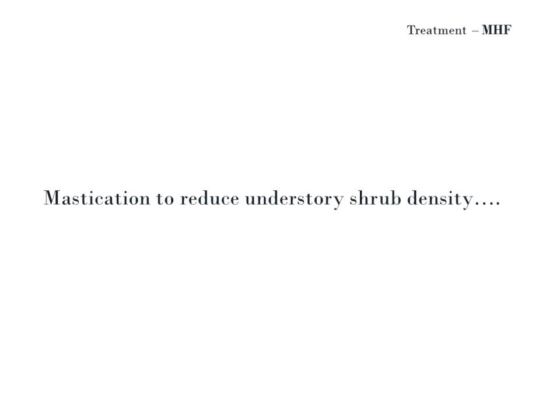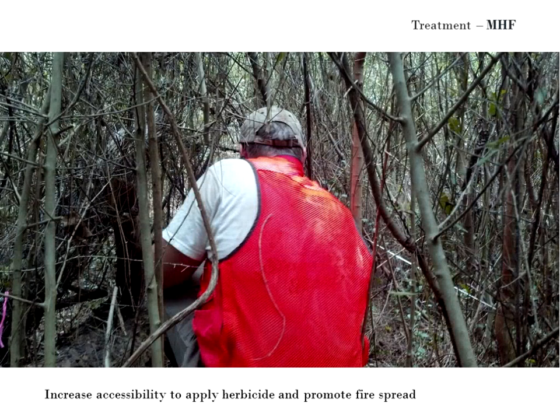The mastication was also to reduce the understory shrub density in general. Like I said, it had very dense Yopon and wax myrtle. By doing this mastication in the understory, we're able to increase the accessibility to apply herbicides. Anyone that's tried to apply herbicides in these really dense stands will understand why. It's very hard to get in there.